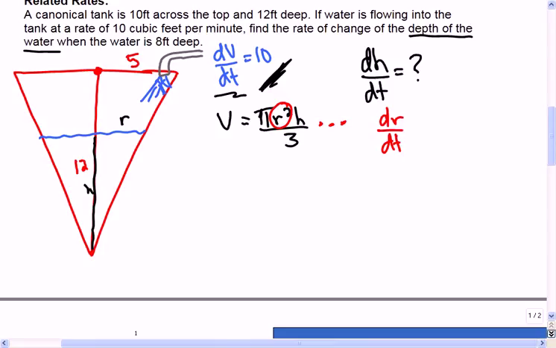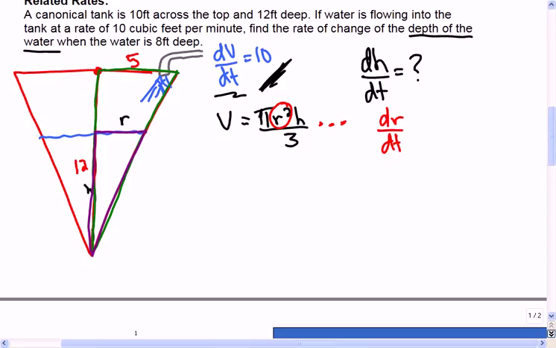So because we don't have dr/dt, we have to find a way to get rid of the radius in this problem. The way that we do it is with similar figures. So it's these two triangles here, this big triangle, which is green, and this triangle here, which is also a similar figure.